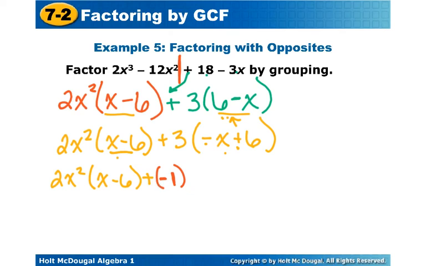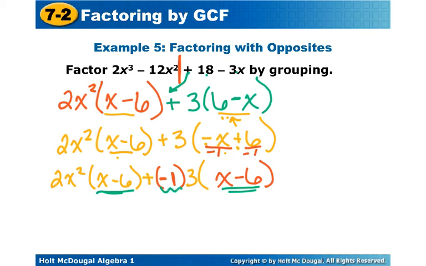Okay, you still have that 3. So when I take a -1 out of each of these terms now, you're left with x minus 6. And now looking at your problem, are your terms inside the parentheses the same? And the answer is yes. So you did it correctly.